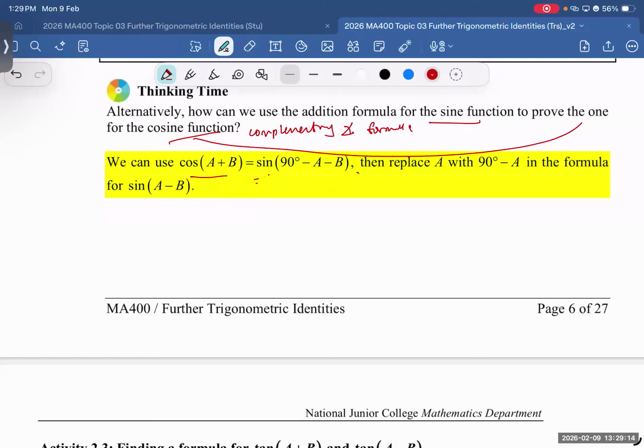It's on the board. So I can say sine 90 minus A plus B, which is the same as that. This is just for you to try. Not compulsory.